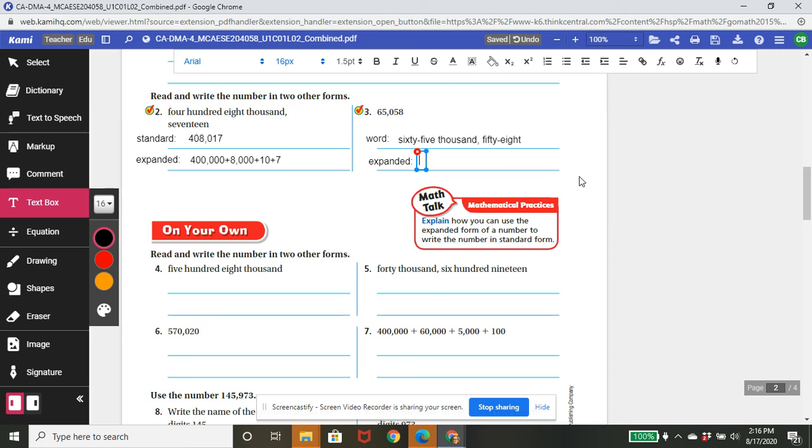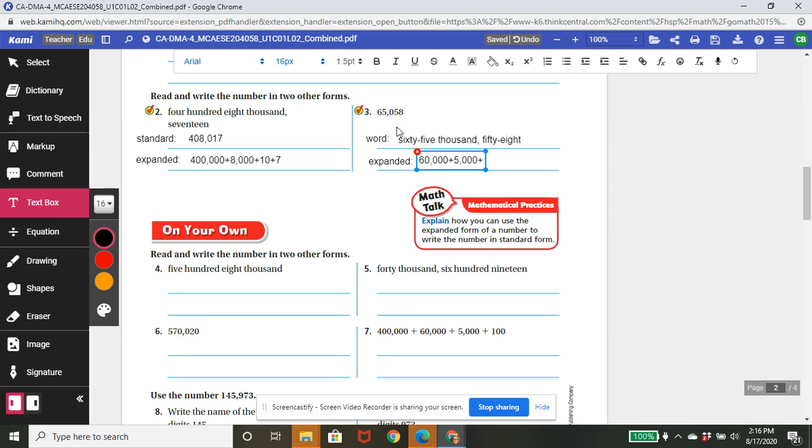Okay, expanded form. I'm taking it apart piece by piece. I am looking at the first column, and it has a 6, and the rest I'm going to turn into 0. 6, 0, comma, 0, 0, 0. Plus sign. My next column has a 5, and then after the comma, there's 0, 0, 0. 5, comma, 0, 0, 0. Oops, I did a period. Okay.